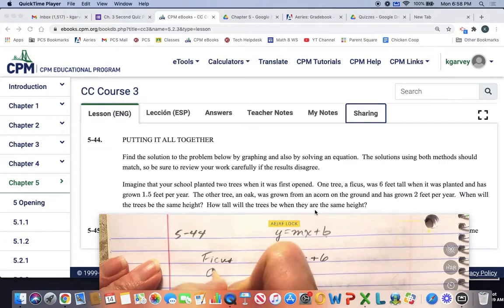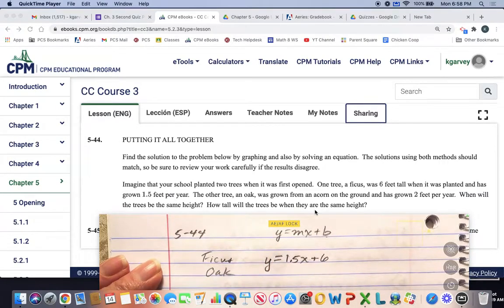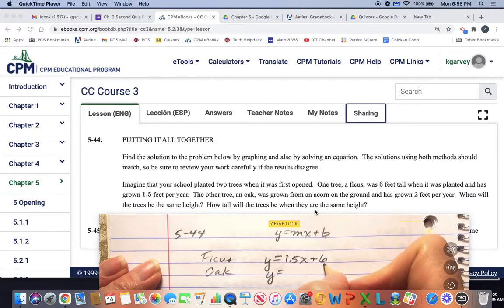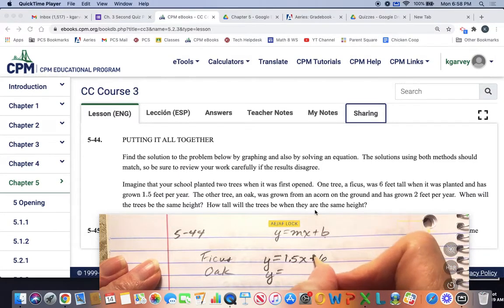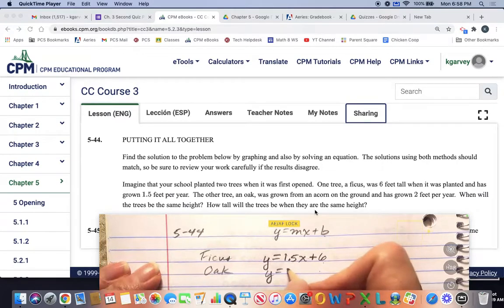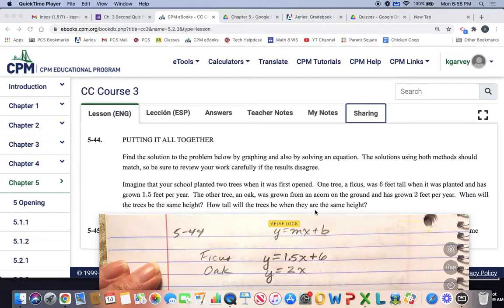Okay, and now the oak. The oak is kind of interesting because it was planted as a seed, so it had no starting growth. That is 0. So we don't typically add on plus 0, but we'll leave that part blank. But the growth was 2 feet per year, so we have 2x.